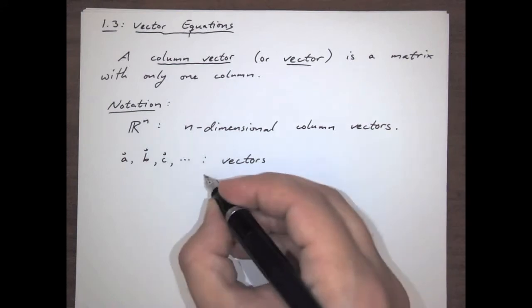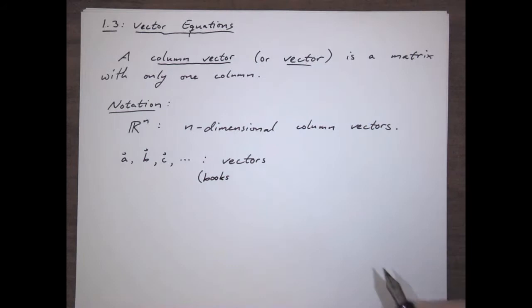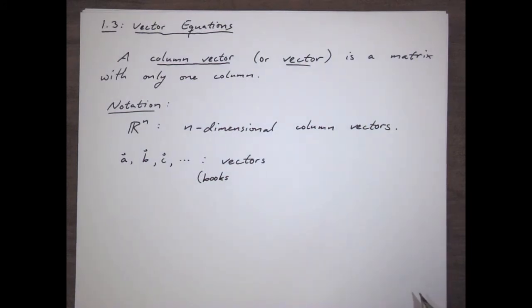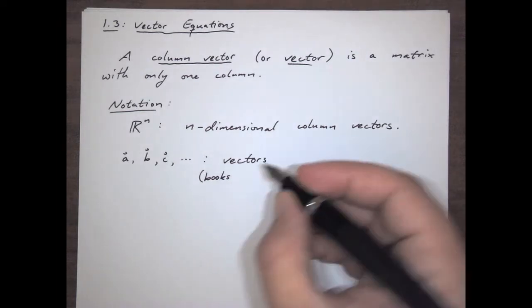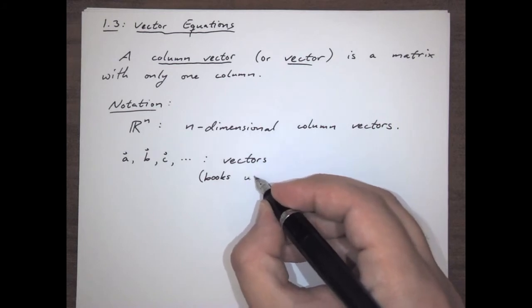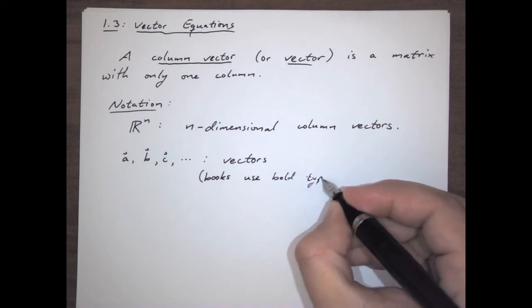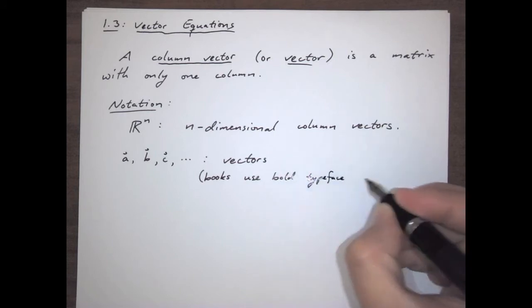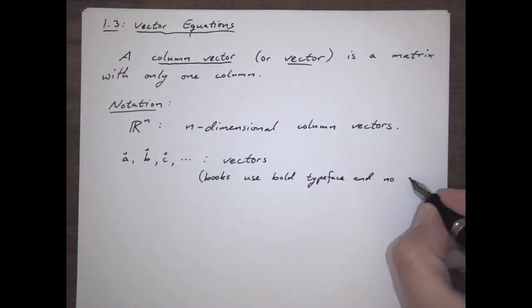Now books. Textbooks typically will not put any kind of marking on the letter. What they will use instead is just a bold typeface for a vector, as opposed to an italic typeface if it's representing just a scalar. So books use bold typeface and no arrow.